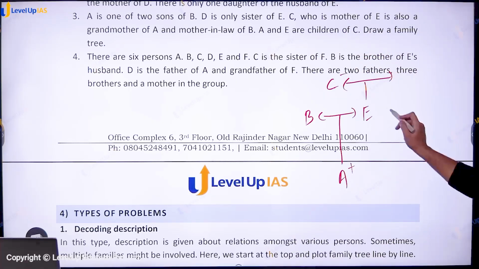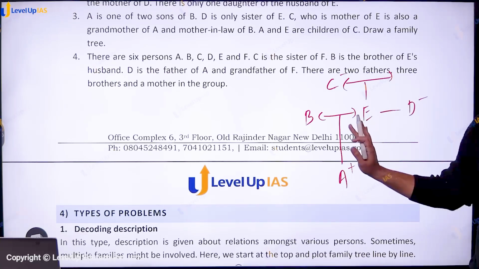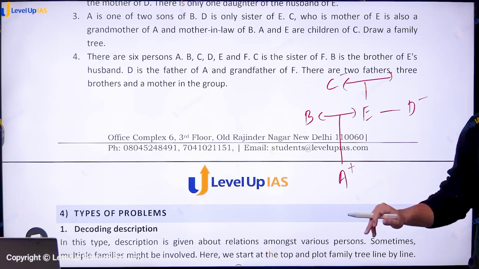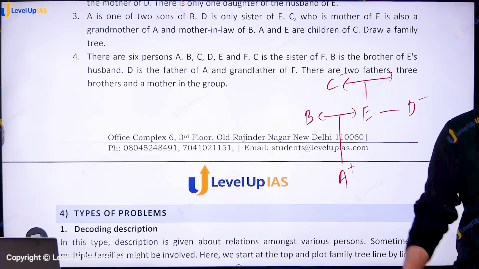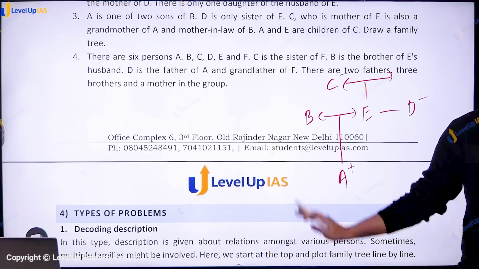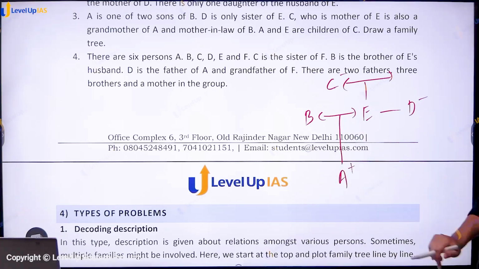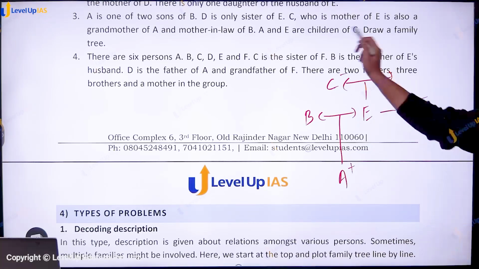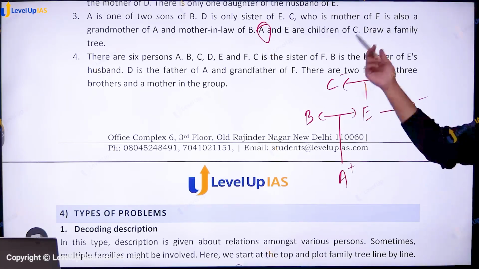D is only sister of E. चलो जितना है उतना सही है ना. नो नो नो, चिल्ड्रन मतलब सन और डॉटर. हाँ हाँ, फर्स्ट जनरेशन. ऐसा नहीं कि सारे भारतवासी मेरे बच्चे हैं, ऐसा नहीं. कोई 100 साल का बुड्ढा बोल दे कि सब मेरे बच्चे, वो नहीं है वो. ठीक है, ये थोड़ा इधर हो नहीं रहा है. हाँ हाँ हाँ. ठीक है, वहां पे कुछ मिस्टेक हो सकता है.